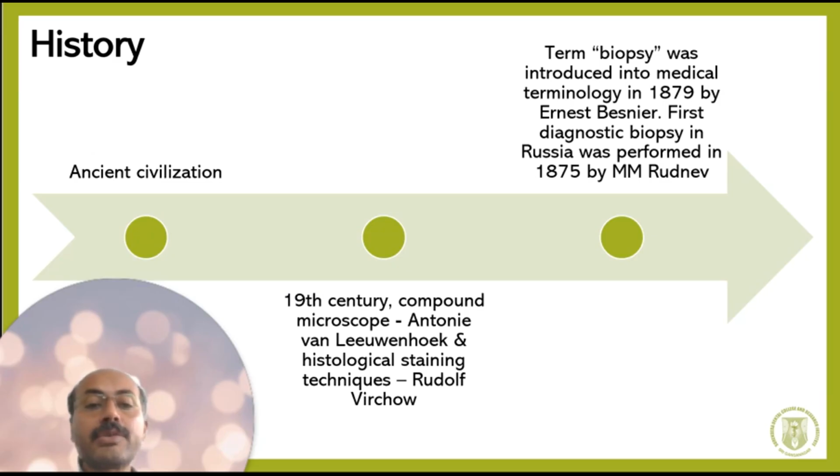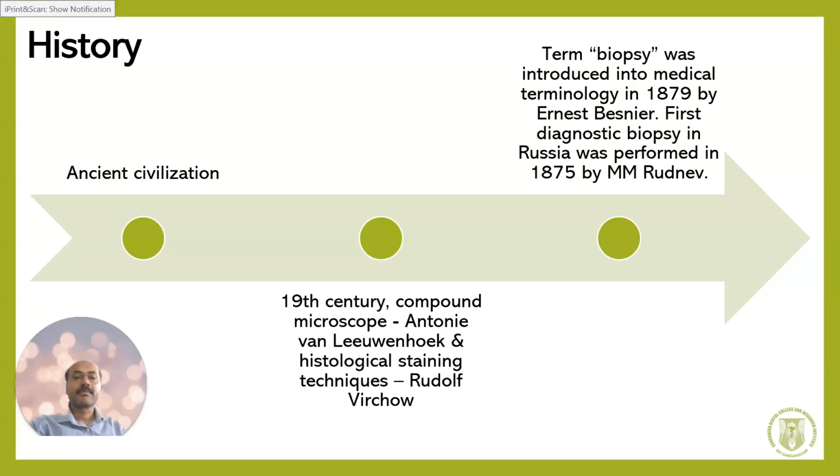During the 19th century, pivotal breakthroughs such as the invention of the compound microscope by Anthony von Leeuwenhoek and refinement of histological staining techniques by pioneers like Rudolf Virchow contributed immensely to the understanding of cellular pathology. This led to the foundation of modern biopsy practice, enabling microscopic examination of tissue to identify various diseases.